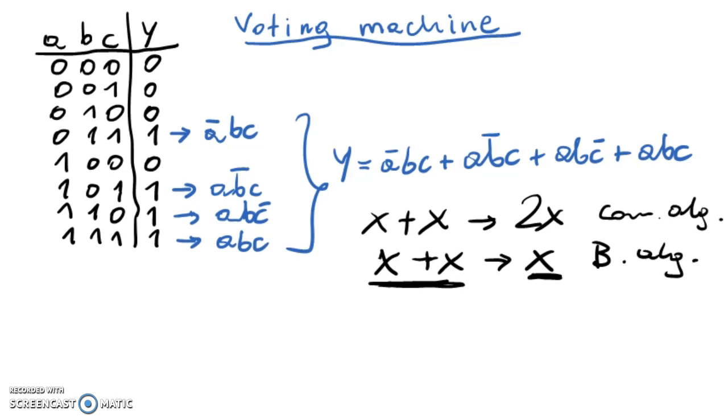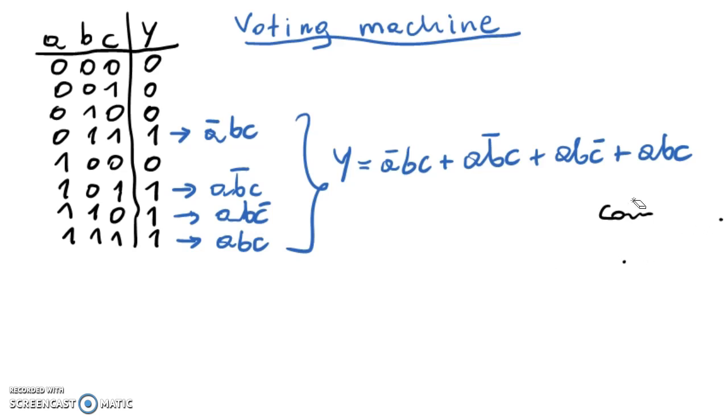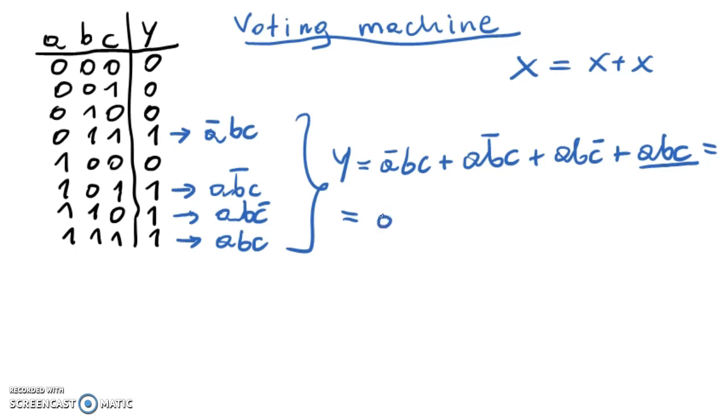Let's try to do this using axioms and theorems you already know. Try to manually simplify this expression. So what we can do, on the basis of x equals x plus x, is add ABC 2 times or 3 times, any times you want. Let's do it, and let's make use of the commutativity axiom.